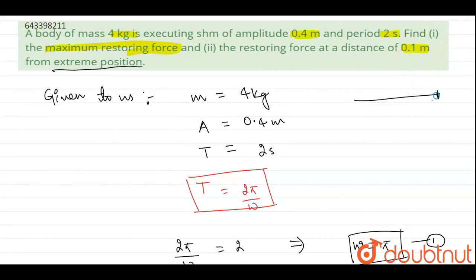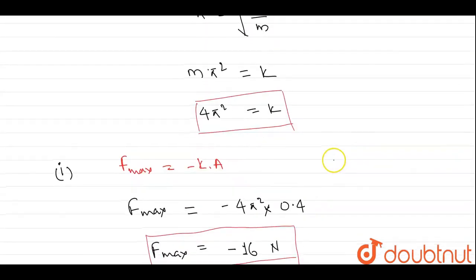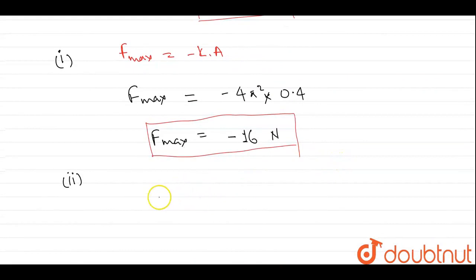Suppose this is the extreme position, that is at 0.4 meters, and it is at 0.1 from the amplitude, then it is 0.3 meters away from the mean position. So we will be taking x as 0.3.